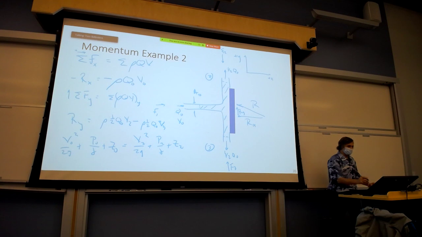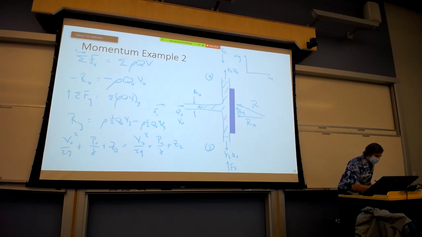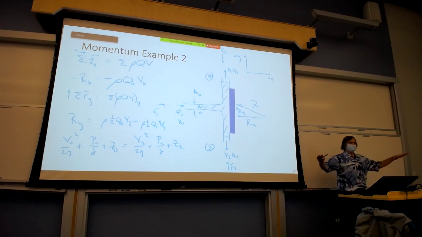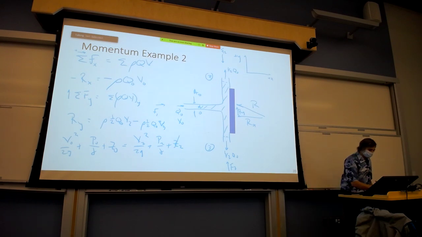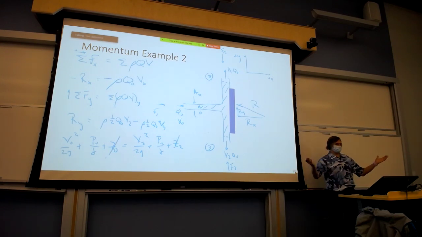So I'm writing an energy equation from location 0 to location 2. This is in a horizontal plane. Z0 and Z2 are at the same elevation. They're right at the center line of this system as you look down.